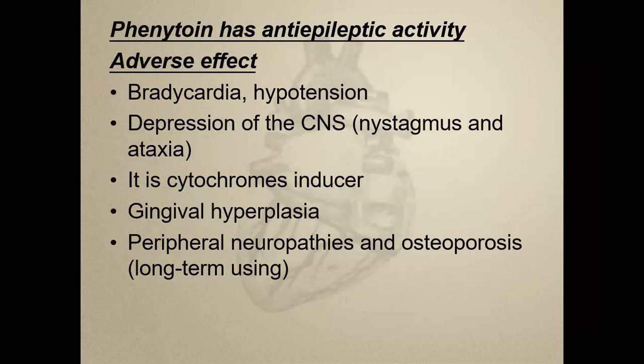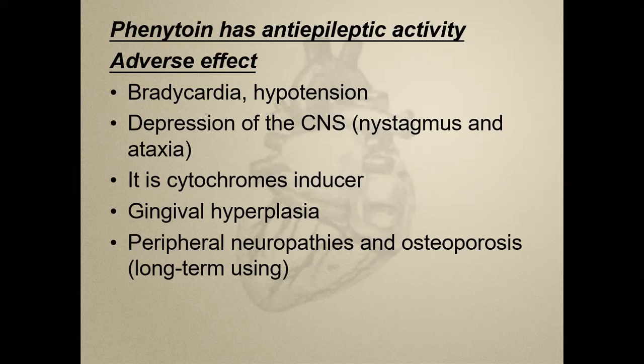Phenytoin. Phenytoin has anti-epileptic activity, and the main indication for phenytoin is epilepsy, different types of epilepsy, but sometimes it is used as an antiarrhythmic drug. This drug has side effects: bradycardia, hypertension.